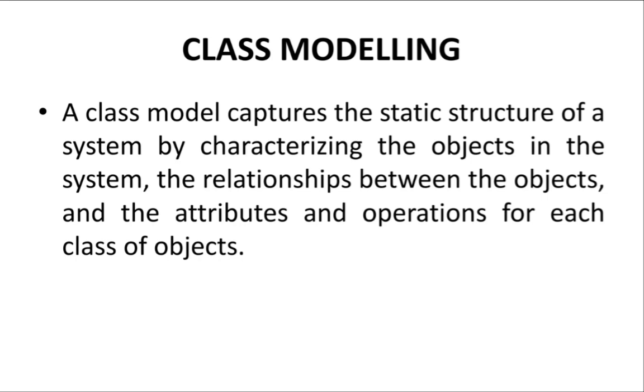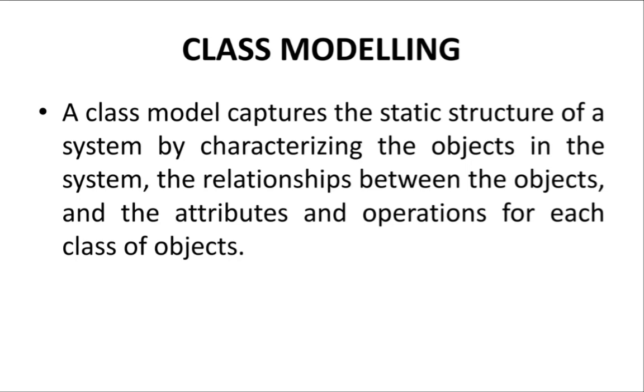So in simple words, a class model is going to represent your software in the form of classes. A class is a set of objects, so your software will be represented in the form of objects.